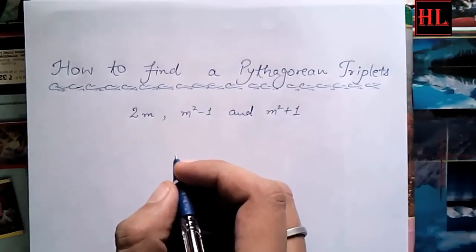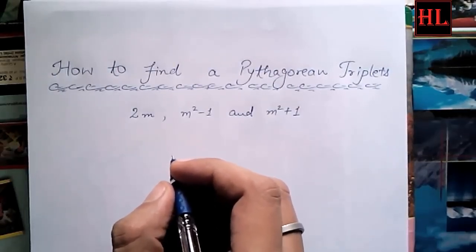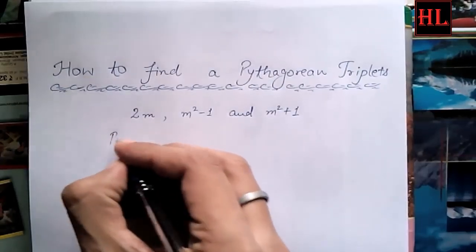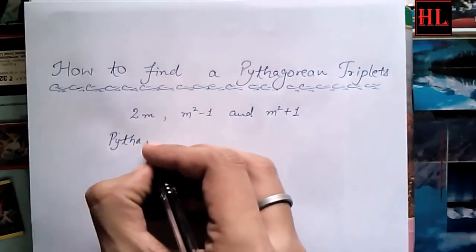So let's say we are asked to find a Pythagorean triplet in which one number out of those three is 8.